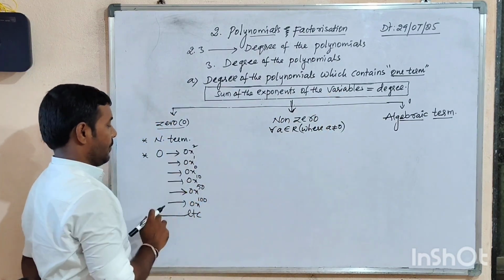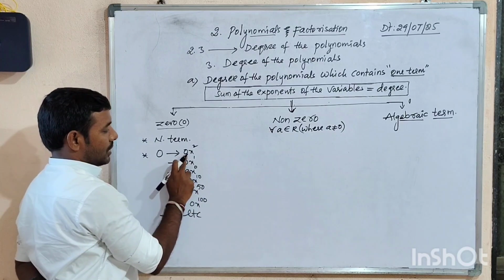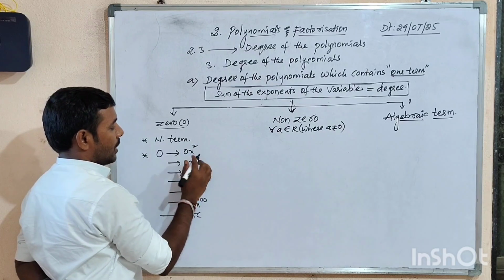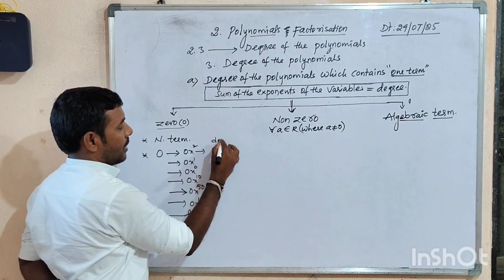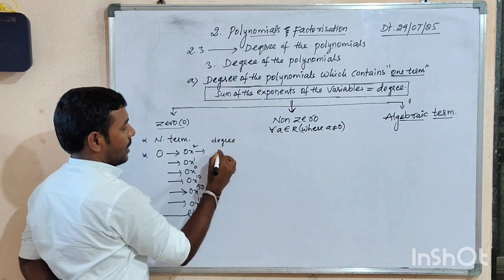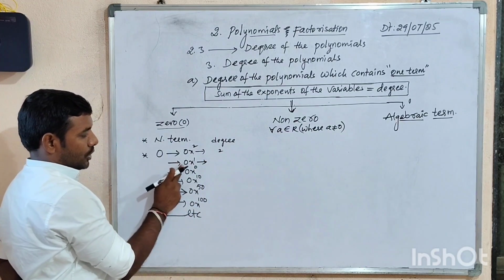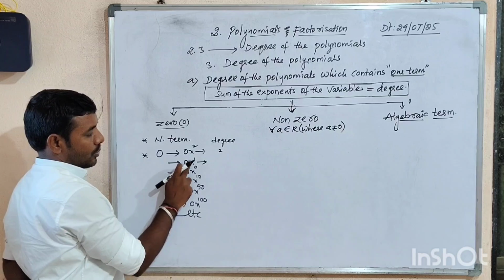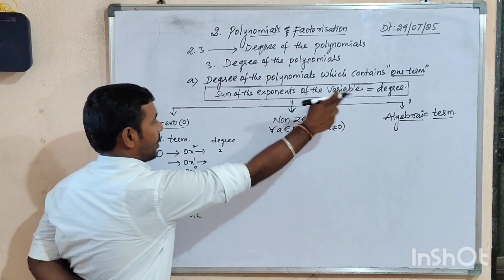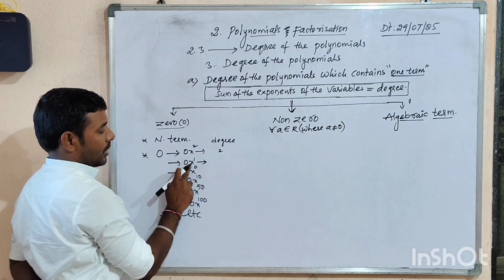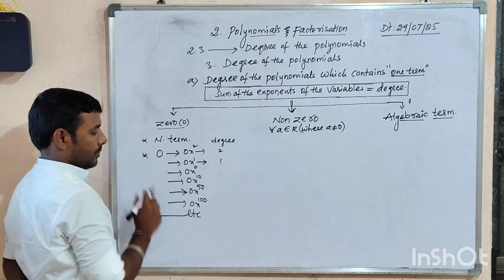Based on that, when 0 is considered as 0x to the power of 2, it is degree 2. When 0 is expressed as 0x to the power of 1, the exponent is 1, so 1 is the degree of 0.